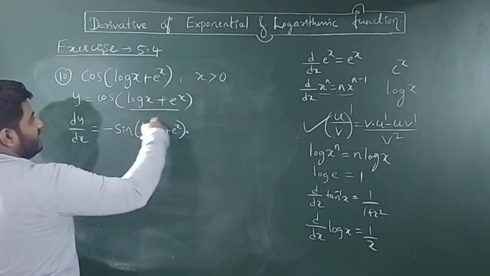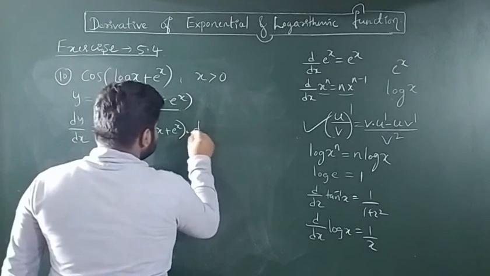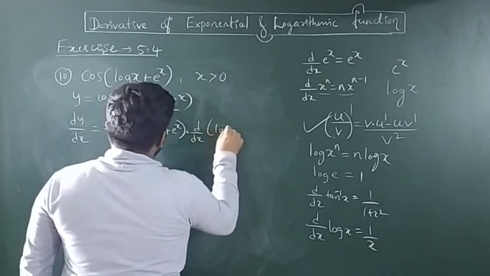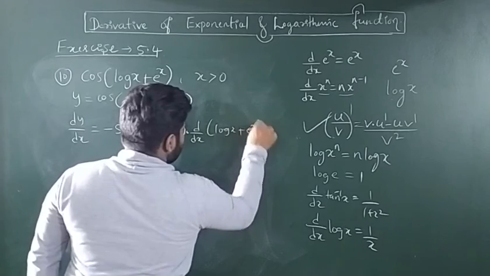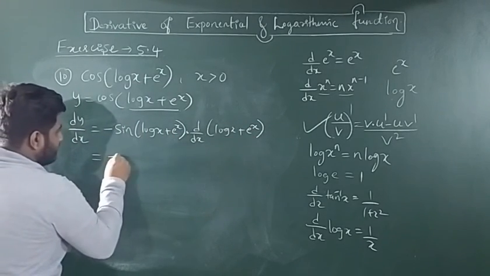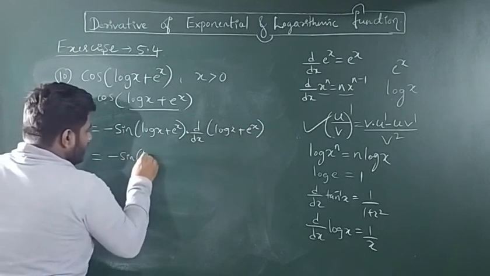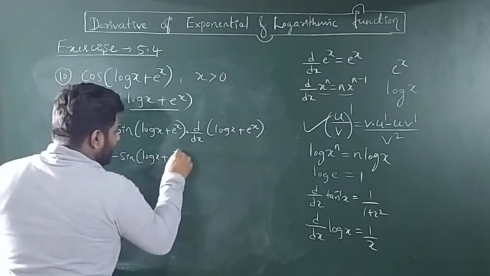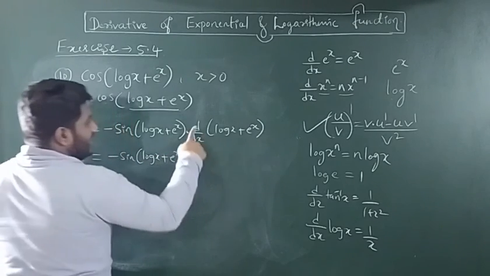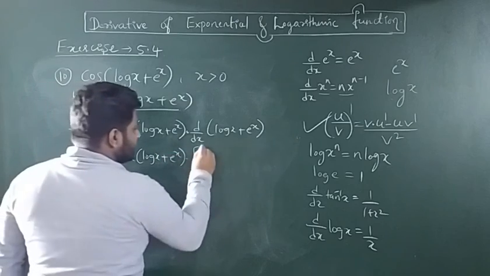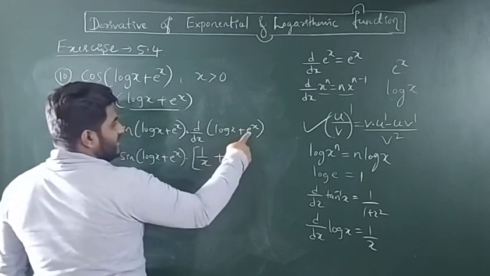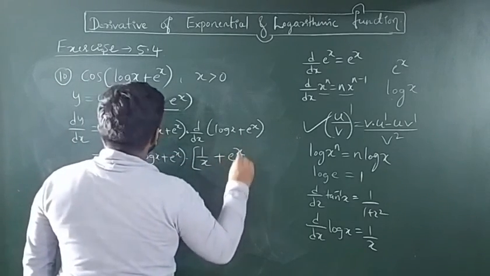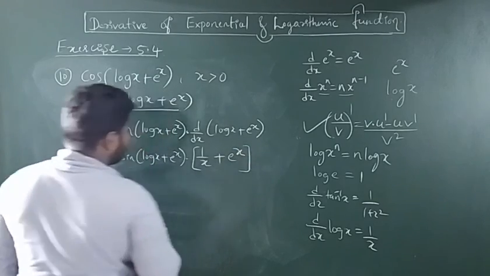So again we have to differentiate this entire thing, d by dx of log x plus e raised to x. So what we are having now? Minus sine of log x plus e raised to x into differentiation of log x, which is 1 by x, plus differentiation of e raised to x, which is e raised to x.